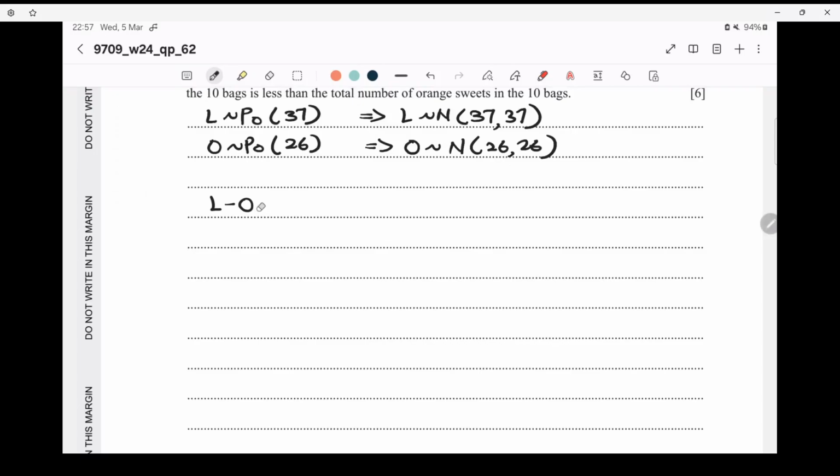So we will let this be a new distribution called the difference. So it's L minus O, and this will be normally distributed by 37 minus 26, that's the mean. For variance, it will be 37 plus 26. So that will be 63.